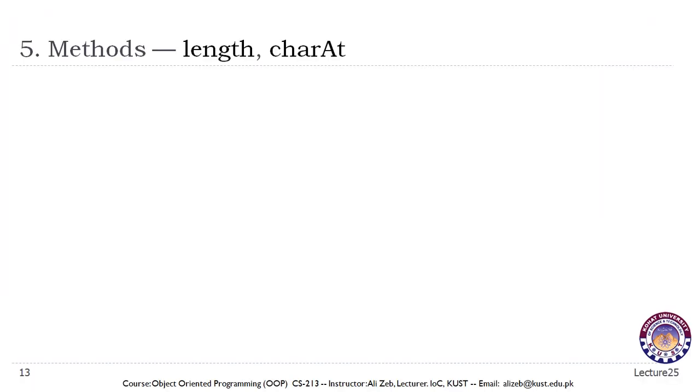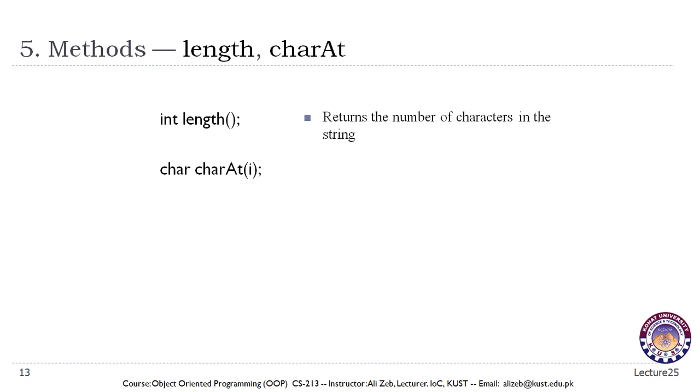To look at some other methods associated with strings, we have the length method and the charAt method. The length method returns the number of characters in the string, and the charAt method will return the character at the position that we have passed to it. Returns the character at position i.